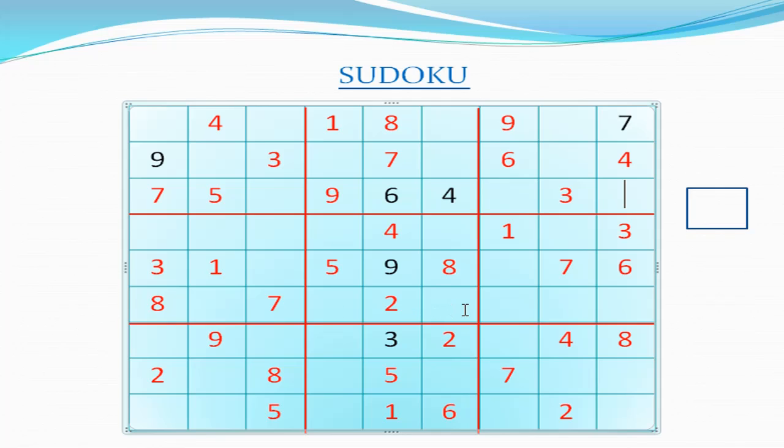I cannot place 7 here. Why? Because if I check this row, we have 7. So I cannot place here. Now I'm left with these 2 options, right? Because in this row there is no 7. Now I will check the column.